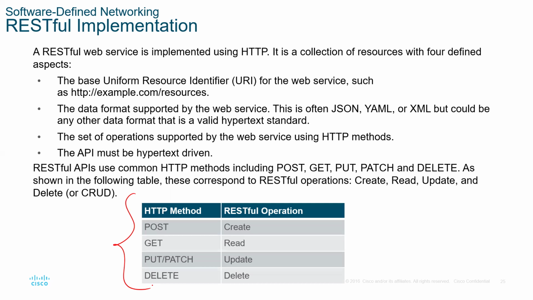RESTful APIs use common HTTP methods, including POST, GET, PATCH, and DELETE. As shown in the following table, these correspond to RESTful operations: create, read, update, and delete. If you want to create, if you want to read information, if you want to update, and if you want to delete. This will be very important for my exams as well.